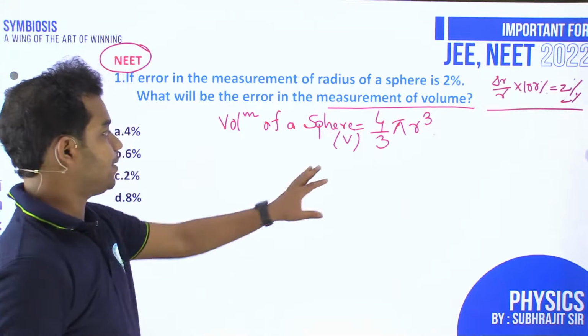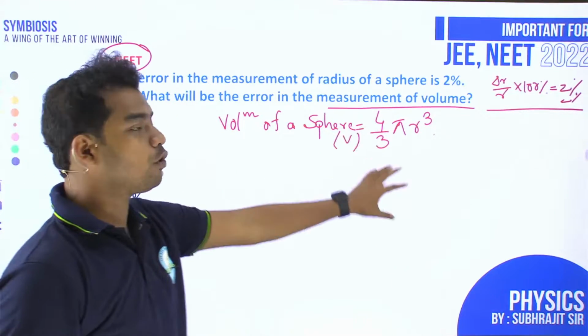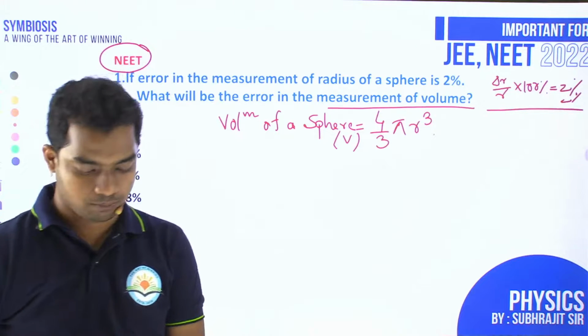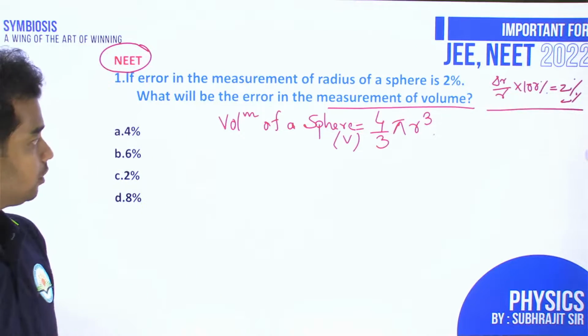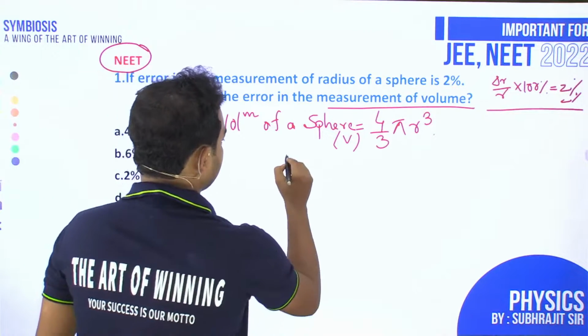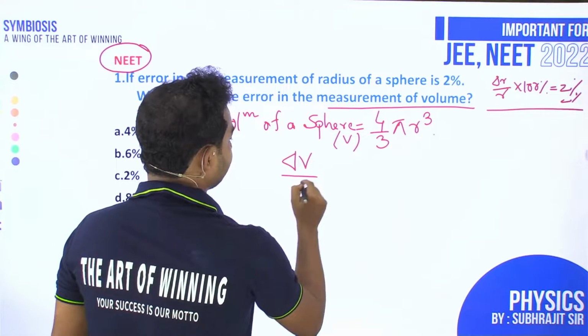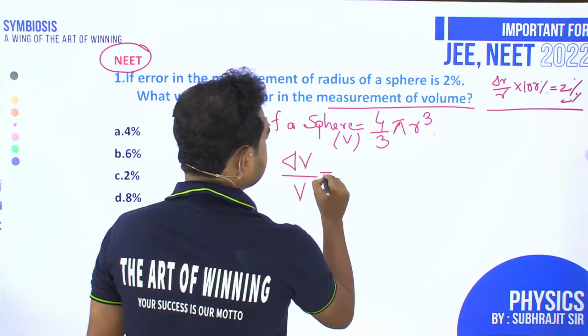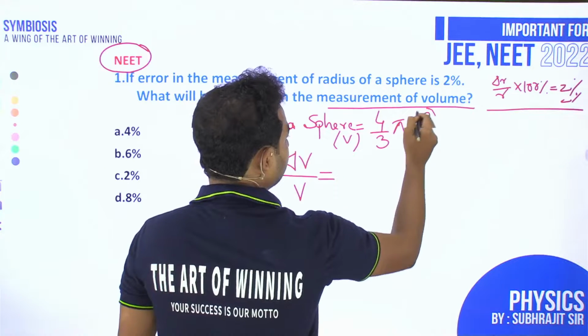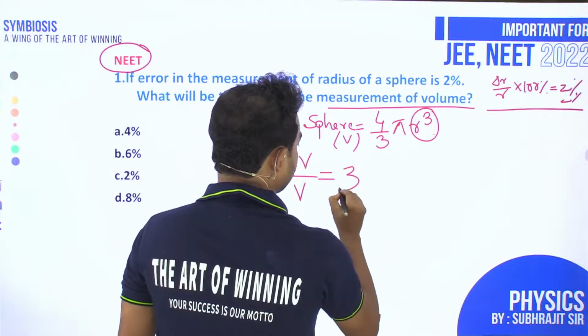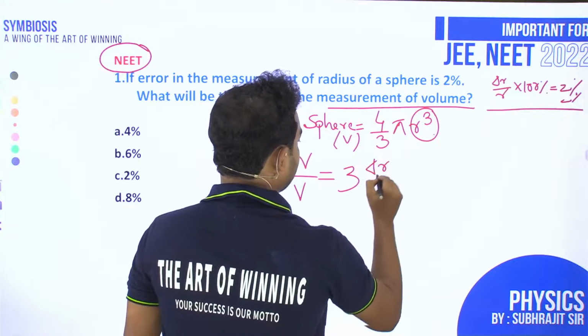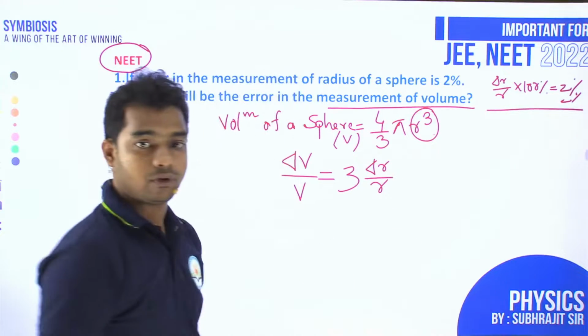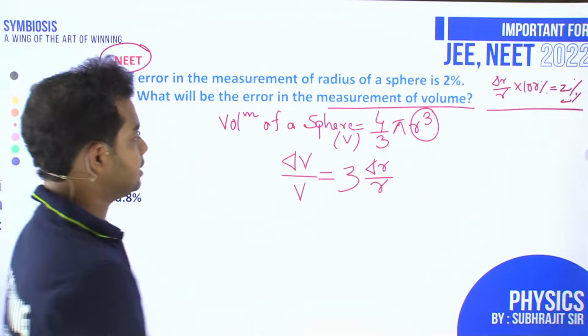So volume of a sphere V equals 4 by 3 pi r cube. From here we can write that del V divided by V is equal to 3 into del r divided by r. Got it? The 4 by 3 pi part is constant.